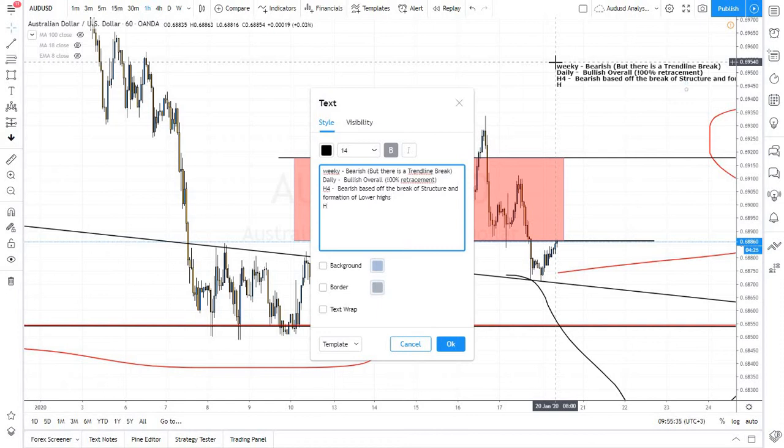The H1, bearish, forming the one. That's where we are.